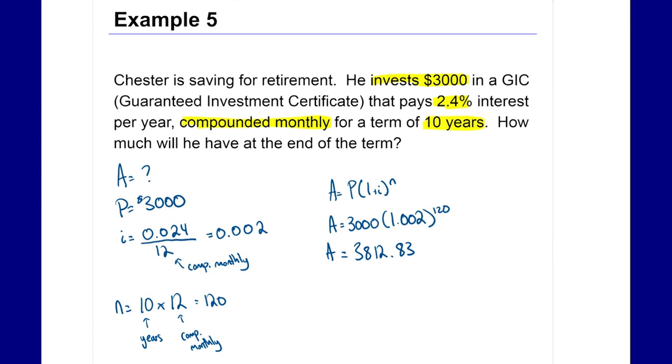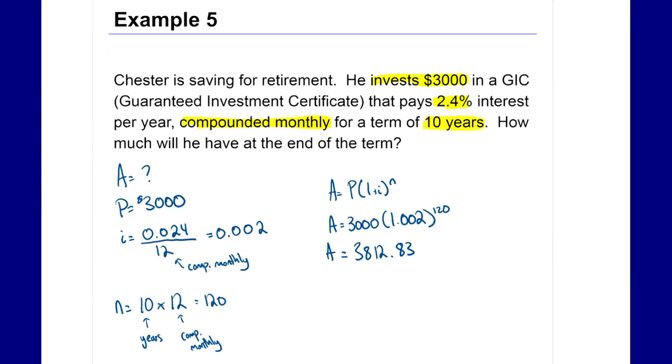So it's kind of like a give and take on how much you're actually putting in and what work you're doing. So you have to weigh those pros and cons. You'd also think that if you're saving for retirement, you'd probably invest a little bit more than $3,000. You might invest $3,000 every year, which would increase your principal and change how much you're actually saving.